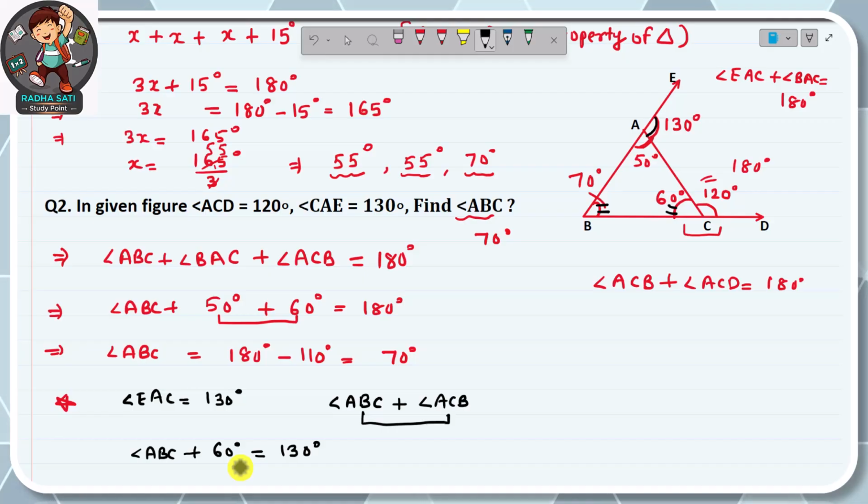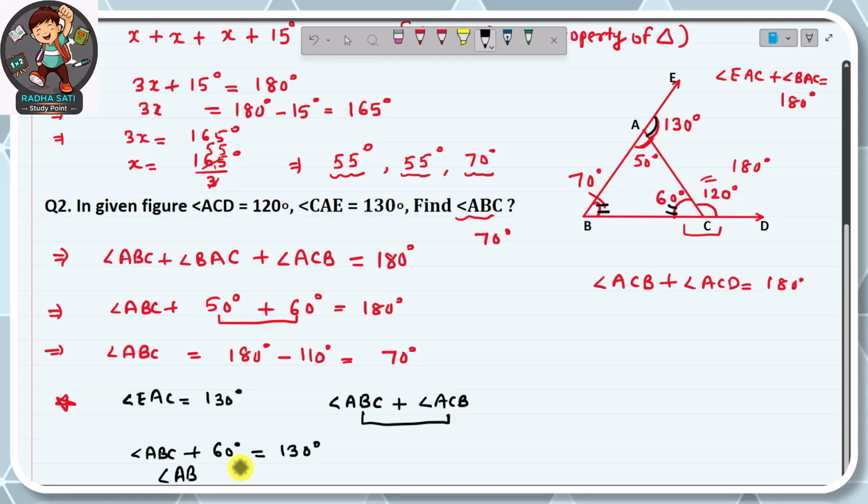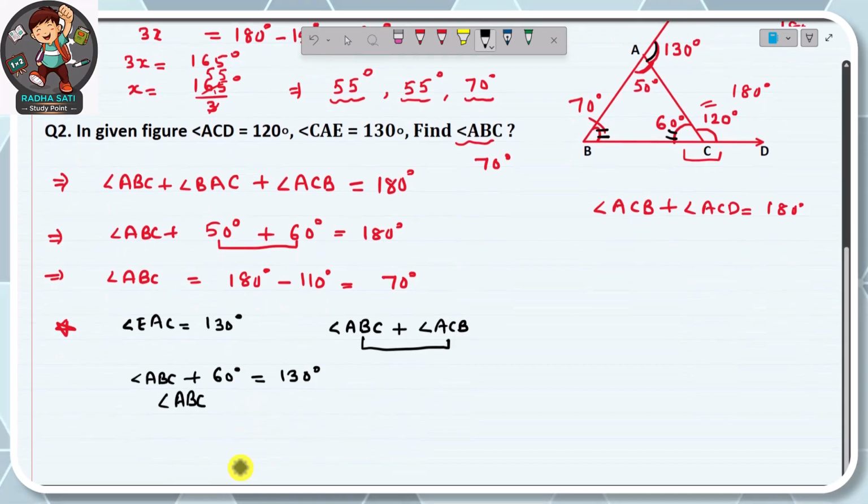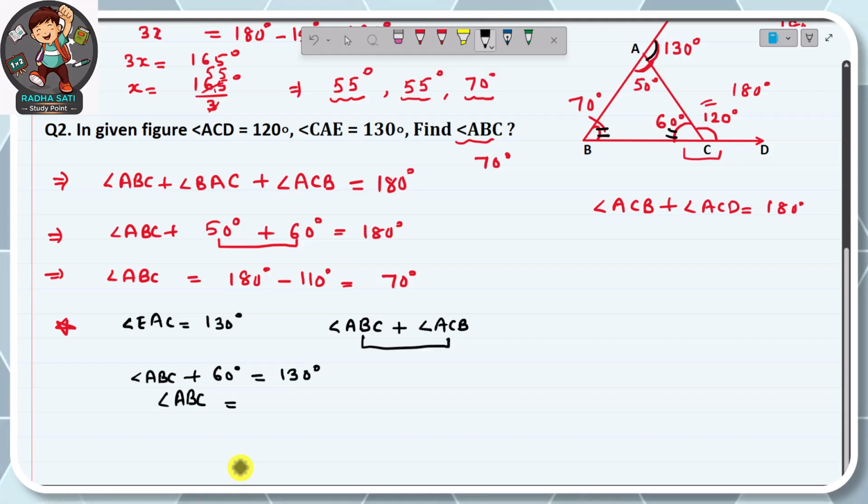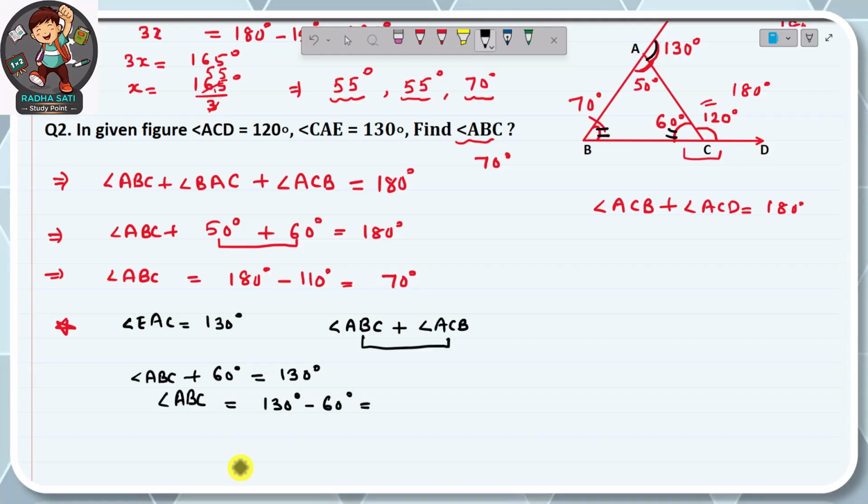This is the exterior angle and these two are opposite interior angles. Now angle ABC will be equal to 130 degrees minus 60 degrees, that is 70 degrees.